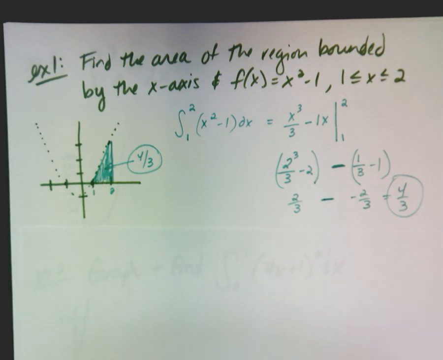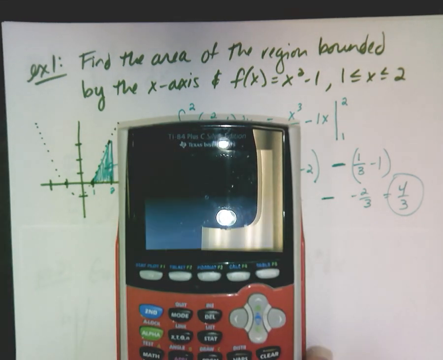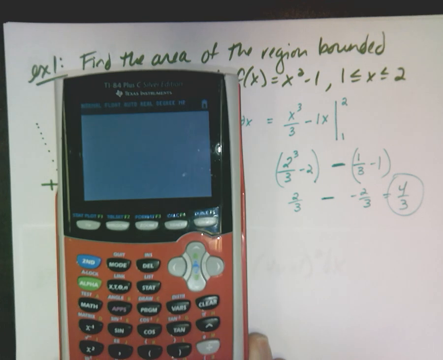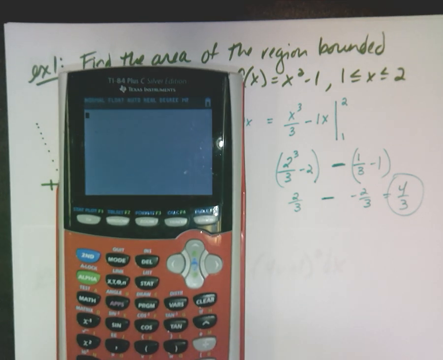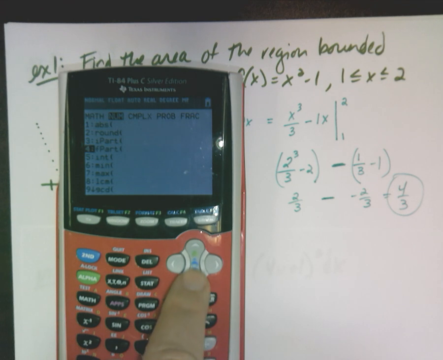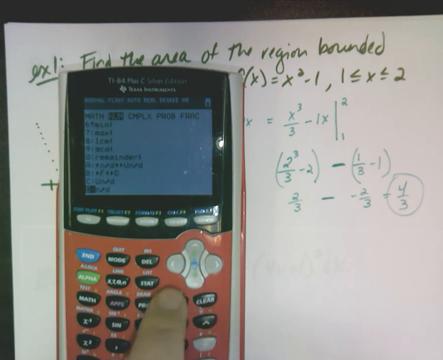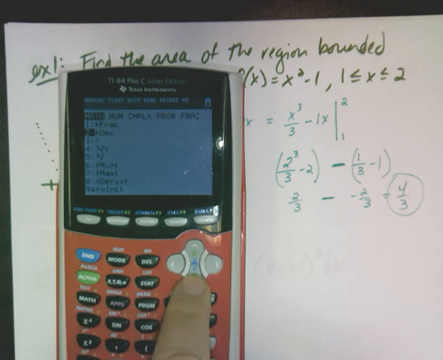Now, if you remember on your calculator, just to show you, there's a wonderful little button called Math. Then go down to where it says fnInt, number 9. It's not Math Num, sorry, it's just Math.